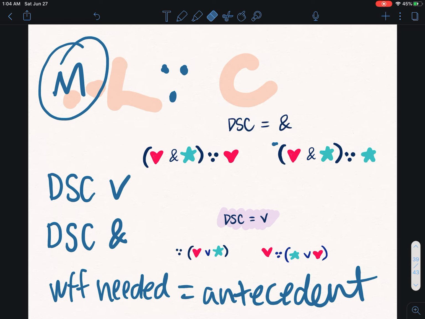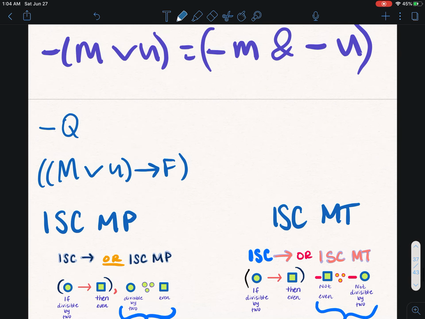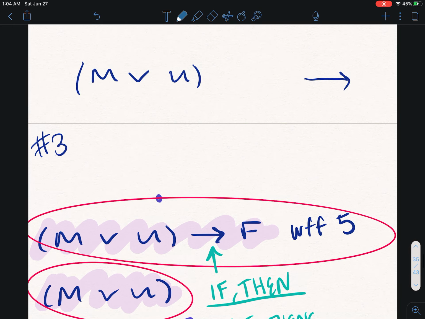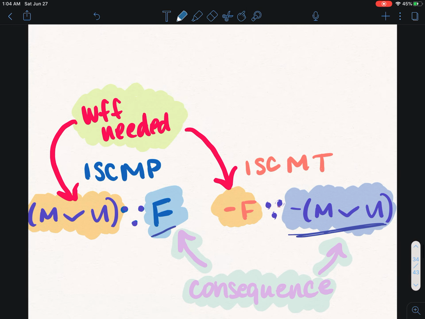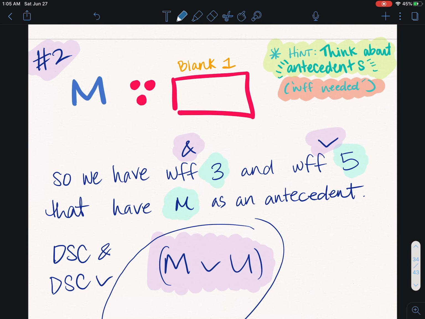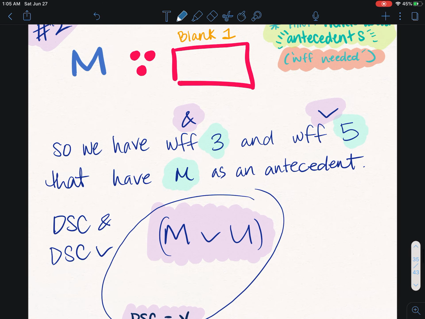All right, M. Let's put an M there. M, therefore something. Let's look for something with the heart and star format. Heart, either or star. Oh, I had it here.